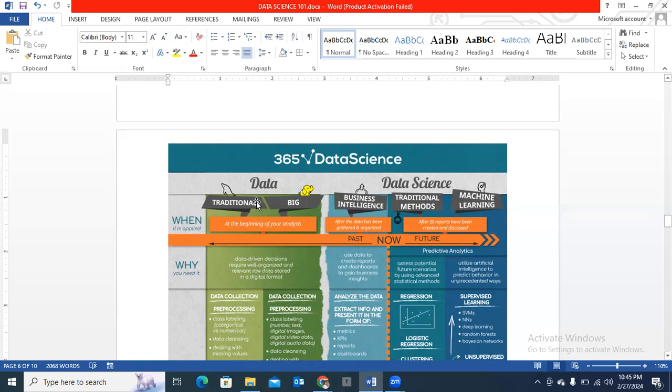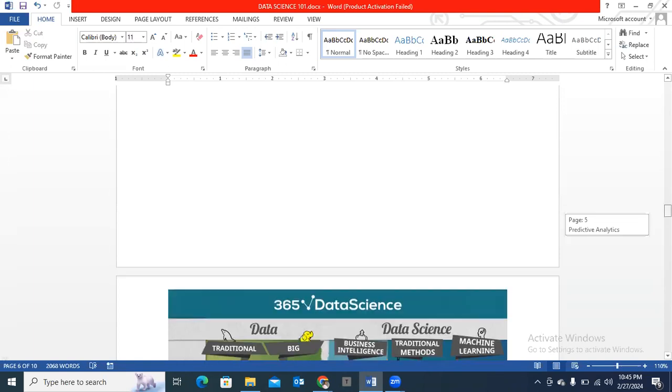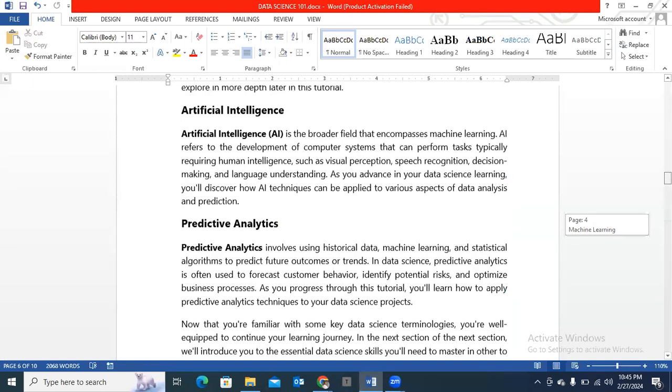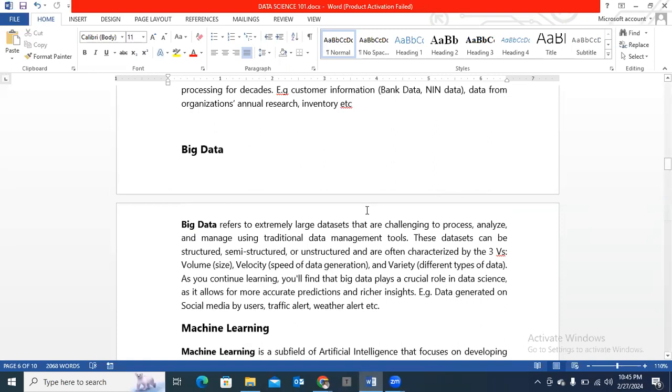The traditional data are structured relational data. Don't forget, big data are determined by the volume, the velocity, and the varieties. Don't forget about these three.